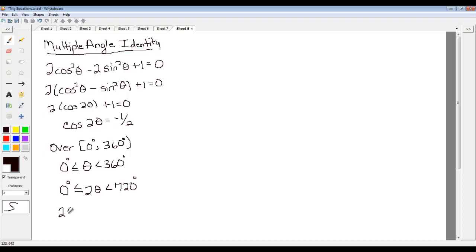So 2 theta, where does it equal -1/2? If you go around your unit circle, you got at 120 degrees. You've got at 300 degrees. No, wait, we're looking at -1/2. Excuse me. We're looking at 240 degrees.